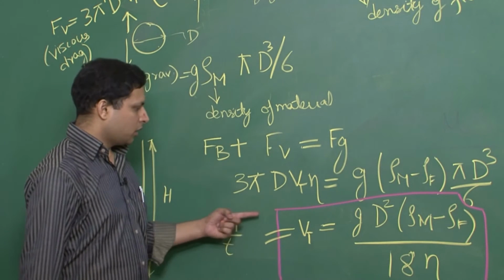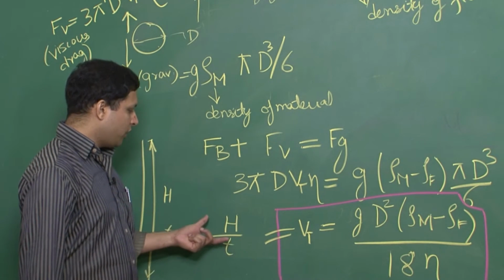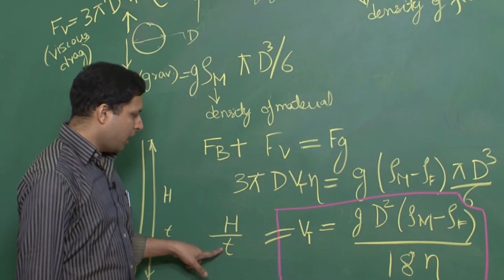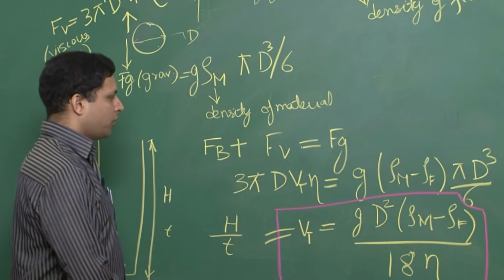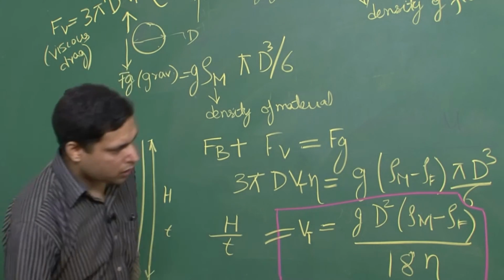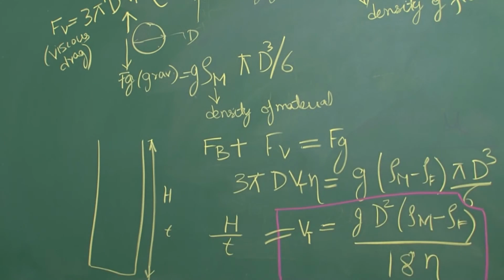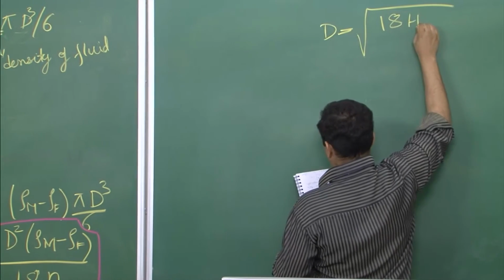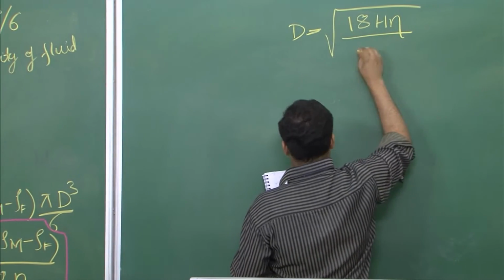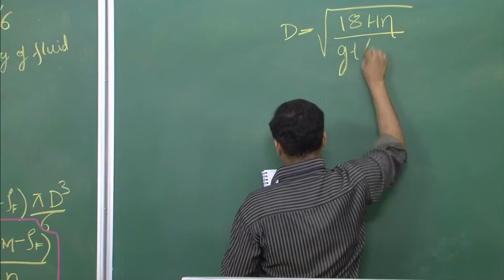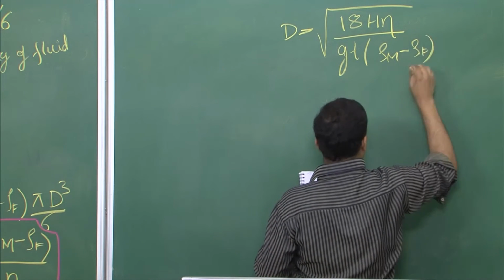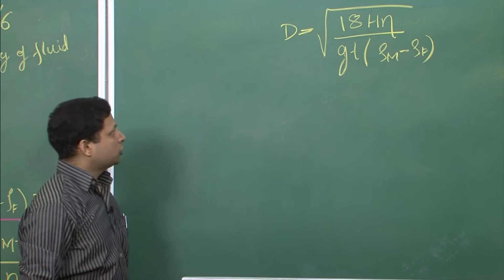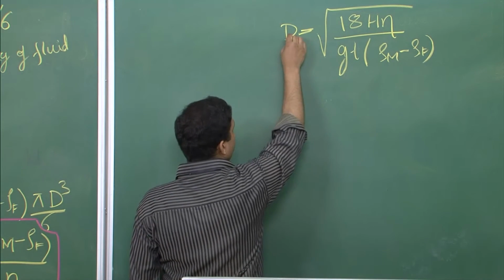Therefore, using this Stokes law, we will be able to relate the time it takes to the diameter or the particle size. And from here, let me write down the equivalent diameter. So, you can see we have been able to relate d with t.